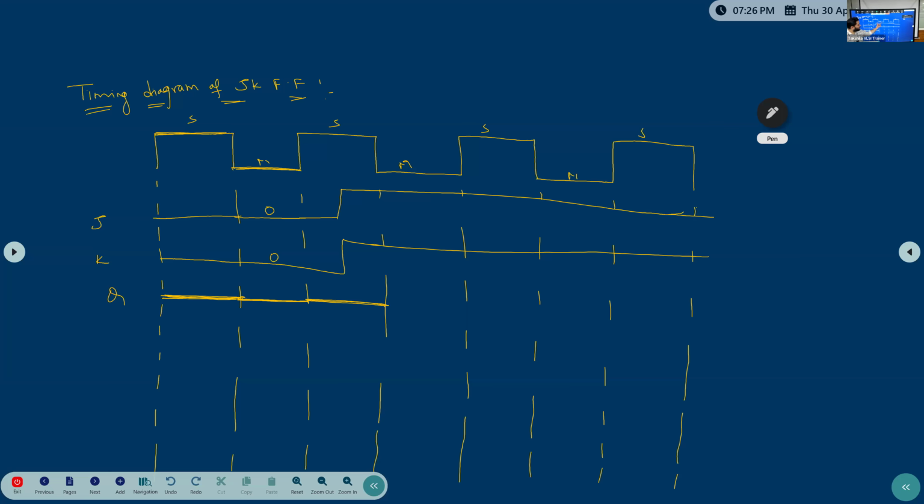So now in this pulse, again master will be turned on. When master turns on, what will it do? It will check, okay, what is my J, what is my K? J is 1, K is 1. Both are 1, so what will it do? It will toggle, means whatever the previous value, quite the opposite it will generate. Previous value is 1, so now it will make this one 0.